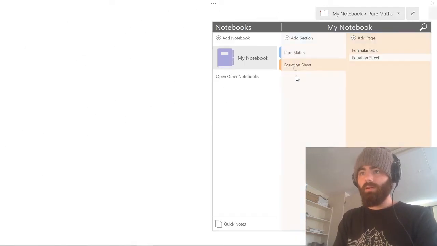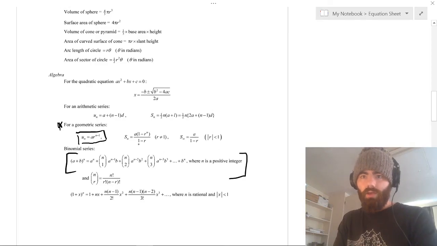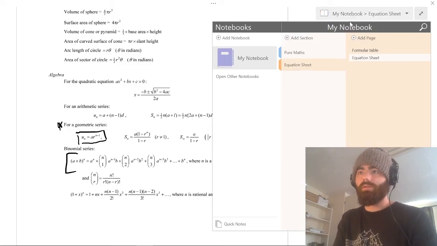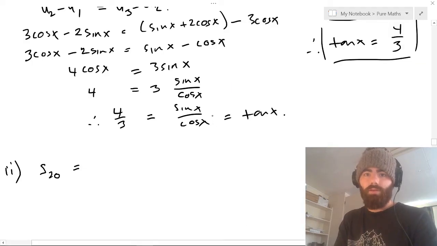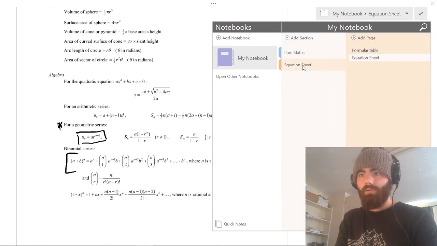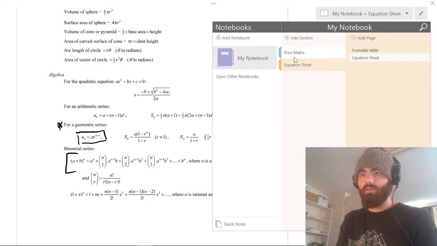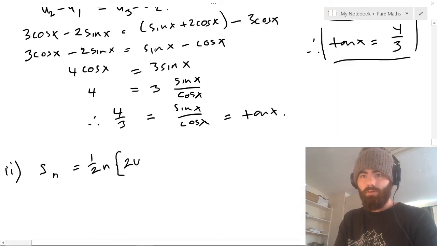If we go to our equation sheet, Sn equals half n times 2a plus n minus 1 d, which is half n times 2u1 plus n minus 1 d.